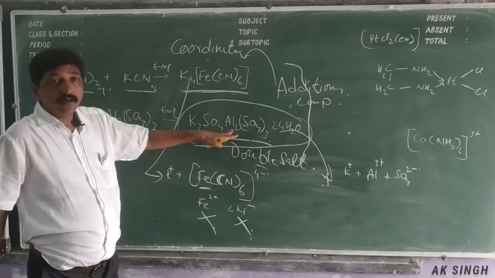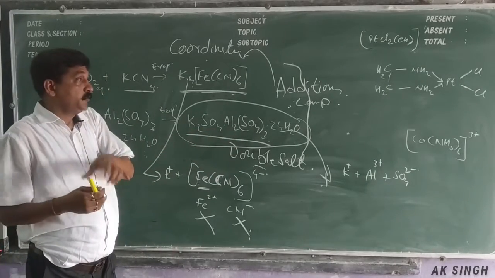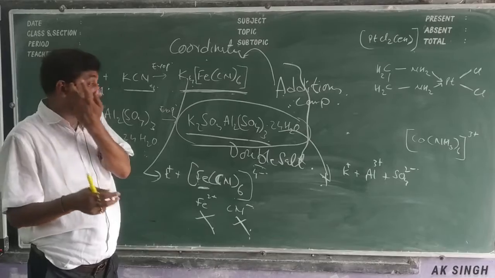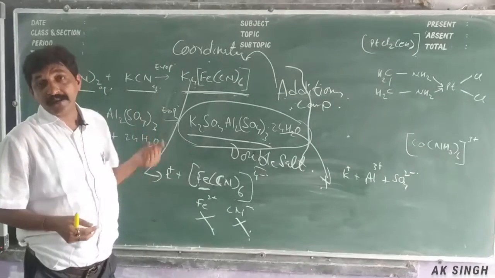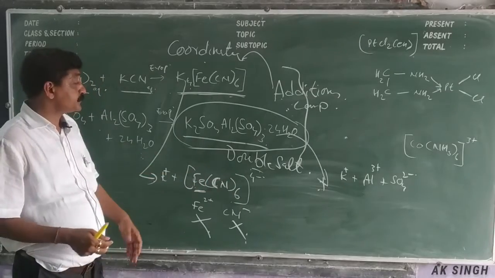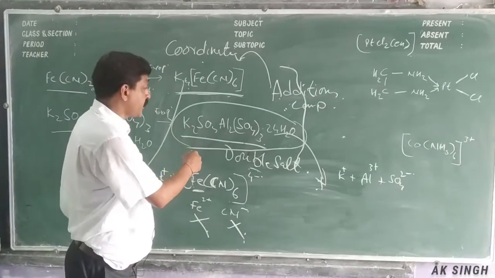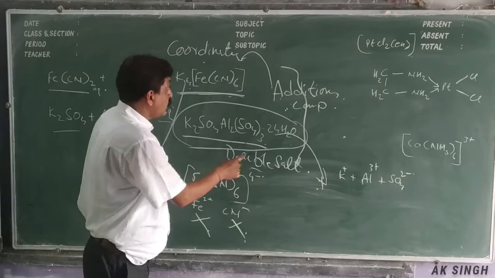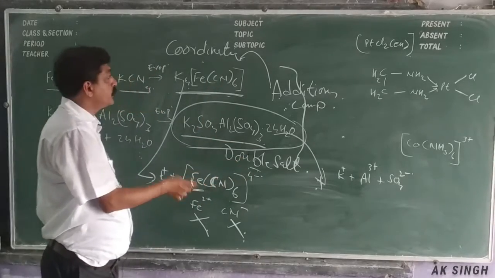There is a great difference between the two. Double salts: in your syllabus, you are going to perform the experiment on Mohr's salt. It is one example of a double salt, another example being potash alum. So what is the difference between the two?